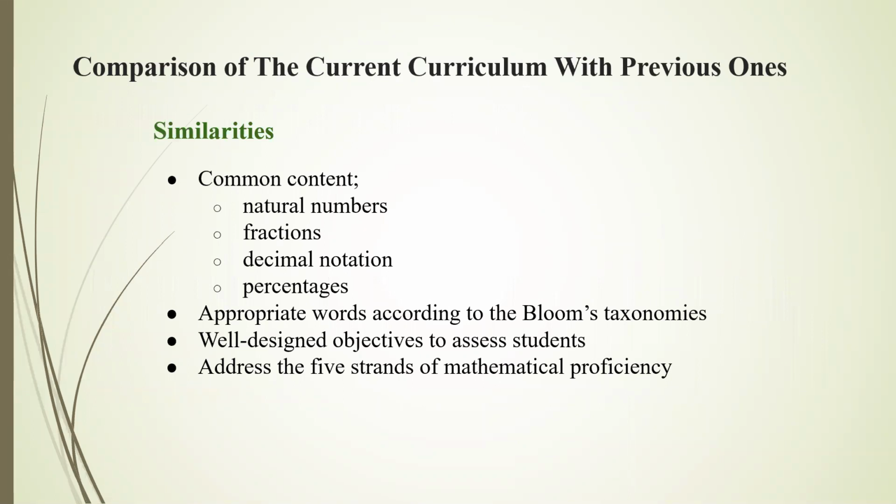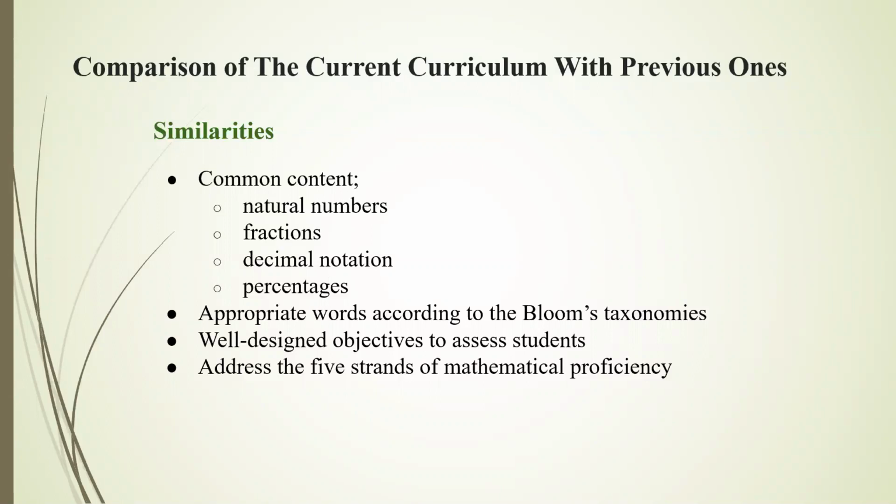Now, there's a comparison of the current curriculum with the previous two. It is separated into two parts, similarities and differences. Firstly, natural numbers, fractions, decimal notation, and percentages are included in the same order in all of them. Also, all three curriculums are prepared with words appropriate to Bloom's taxonomy. They use words such as solve, classify, and explain.